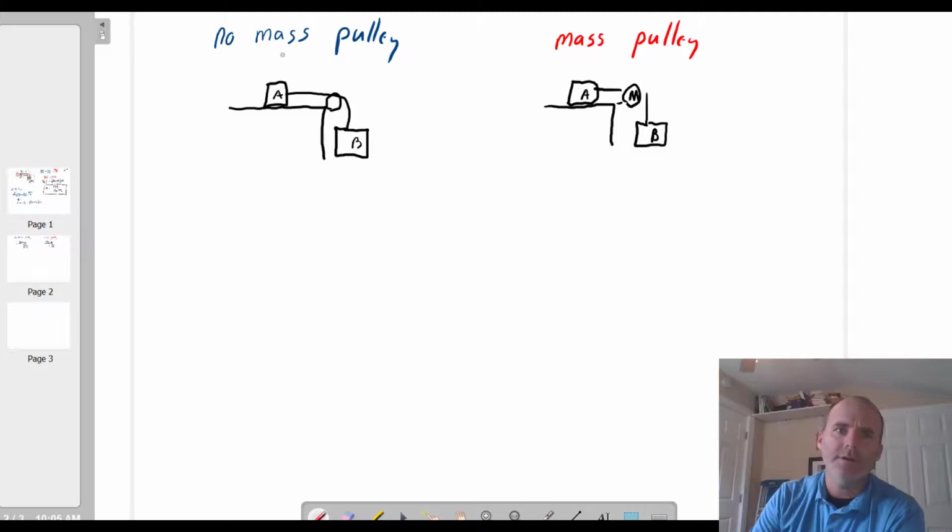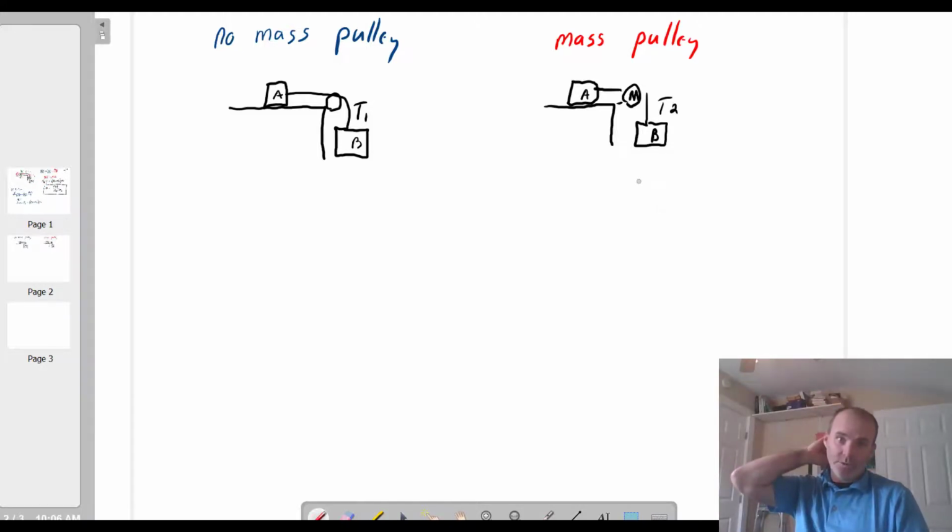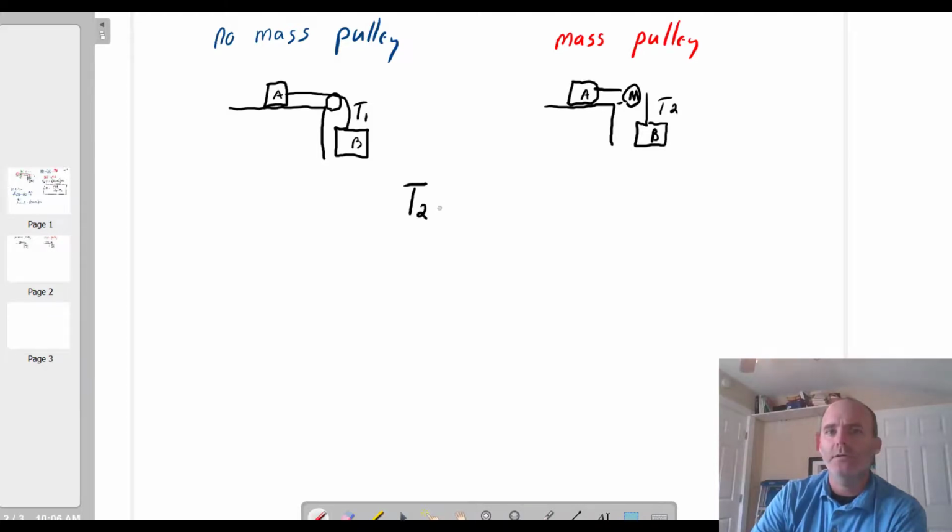So here's no mass, and now here is a mass. We're going to say this is T1 and this is T2. It's asking which one of these tensions is going to be more, and the correct answer is T2 is going to be greater than T1.